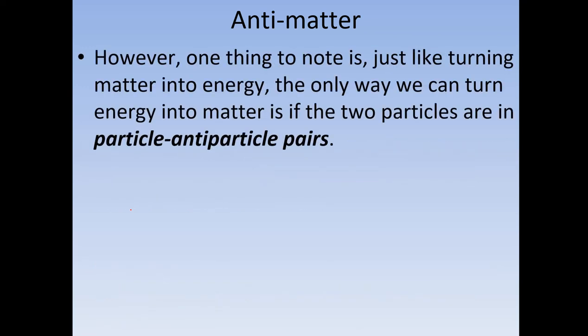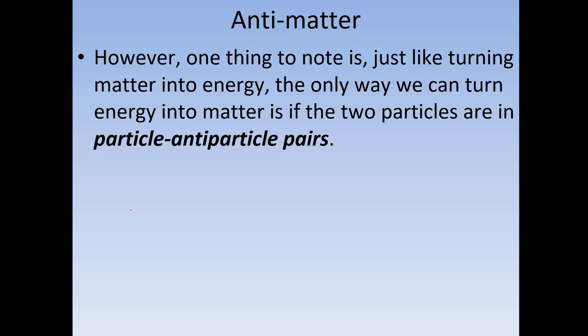Now, the one thing to note is that when we do this, if we do create matter from energy, like from nothing, just like how we had to create the energy using particle antiparticle annihilation, the same thing applies the other way. So if I want to create matter from energy, I have to once again create particle antiparticle pairs. This means that if I slam particles together, I cannot just create a proton.